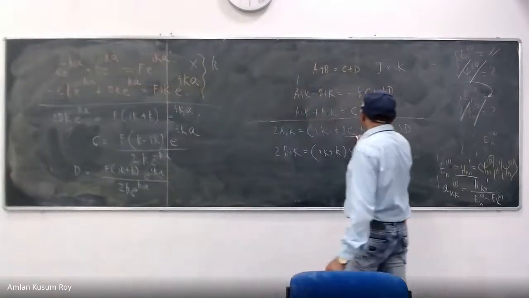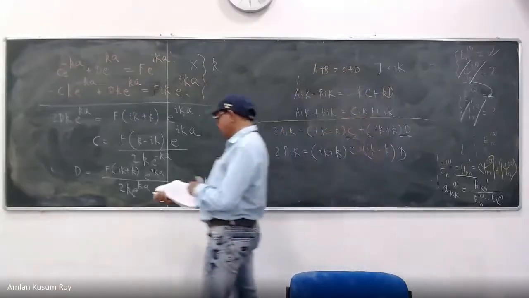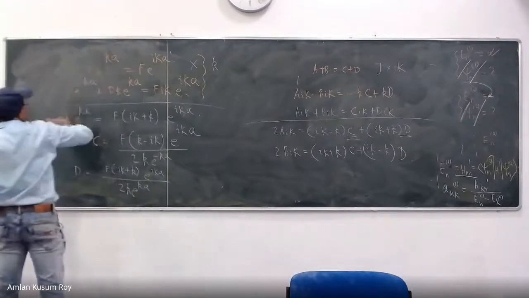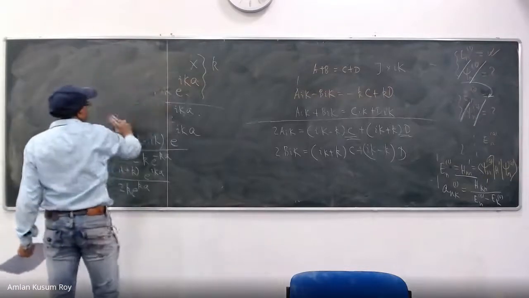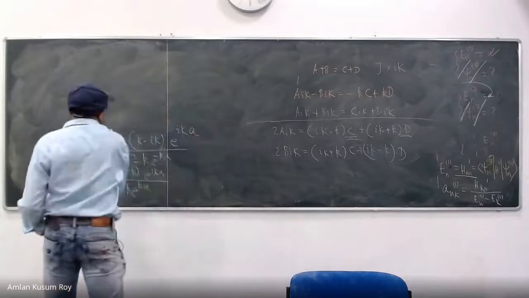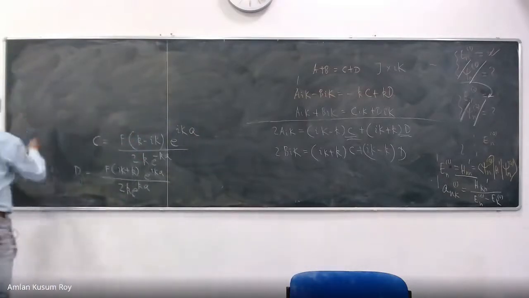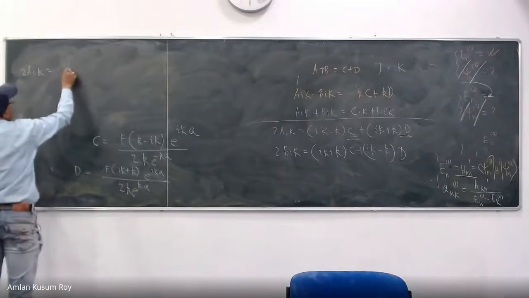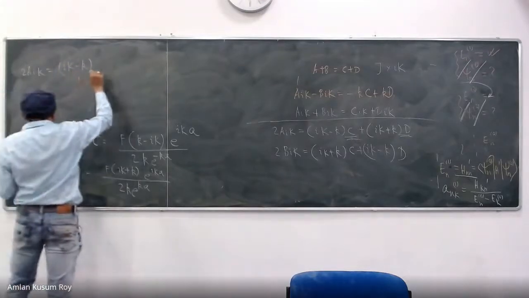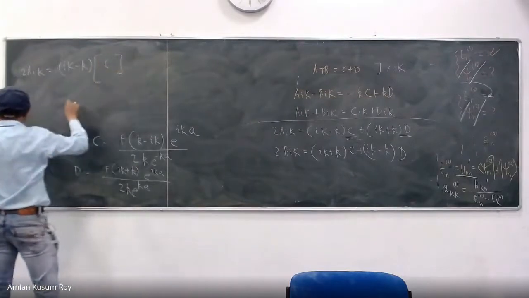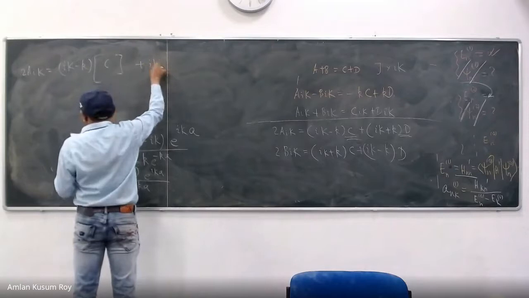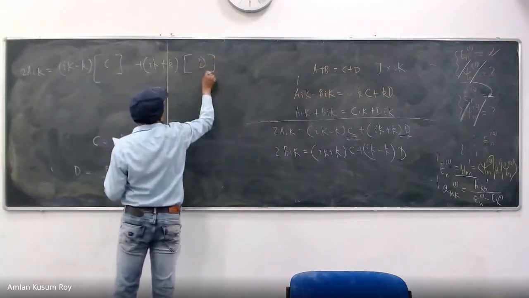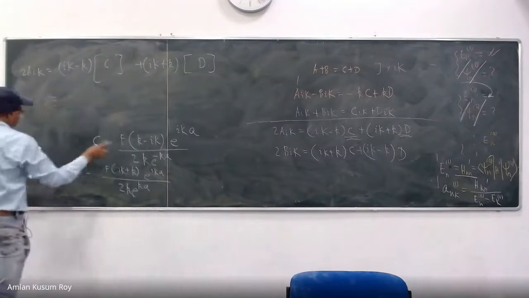So now we can put these C and D here. If you do that, I can write twice AIK, just write one step, is equal to IK minus kappa into C plus IK plus kappa into D. So please put this in this equation.